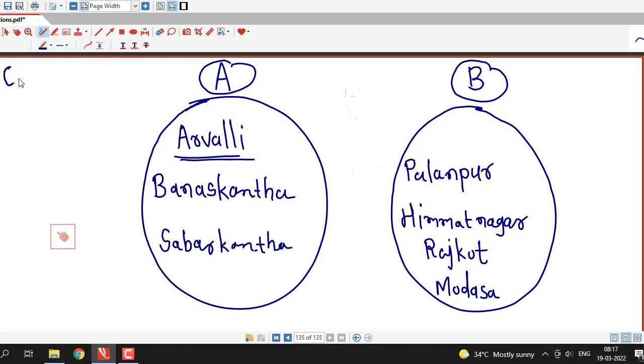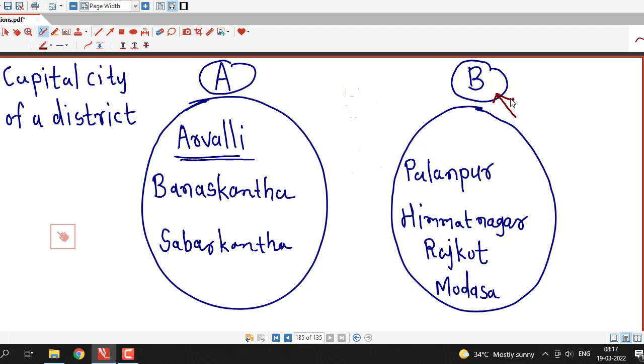We are interested in the capital city or capital town of a district. So we define this relationship, capital city of a district. So under this relationship we can assign an element from set B to every element of set A.